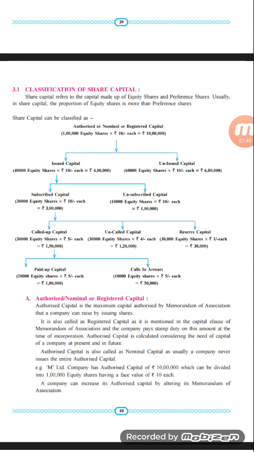So here 30,000 equity shares have been sold to the investors in the market at rupees 10 each. So how much will the company get? 30,000 into 10 each is equal to rupees 3 lakh. So the company would get rupees 3 lakh because 30,000 equity shares have been sold to the customers in the market.